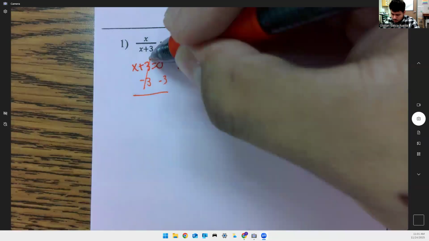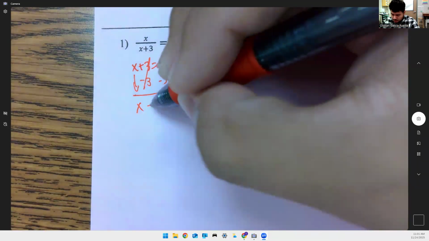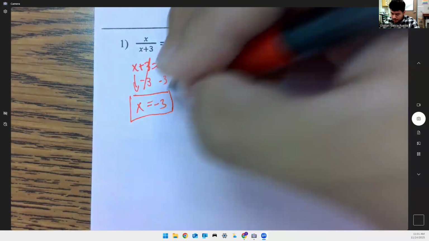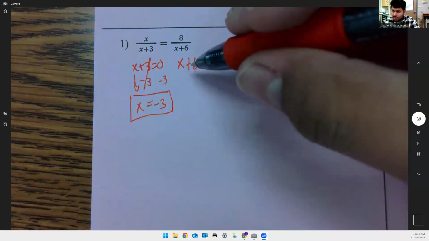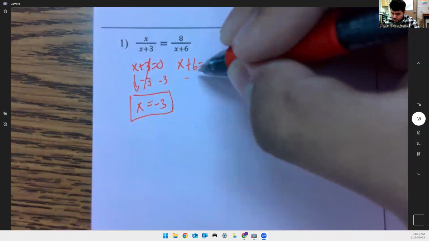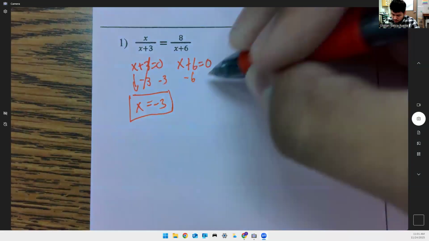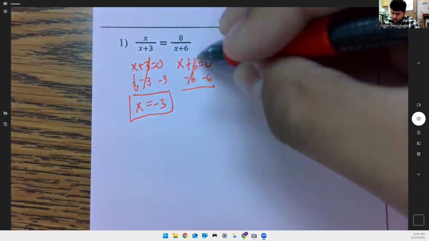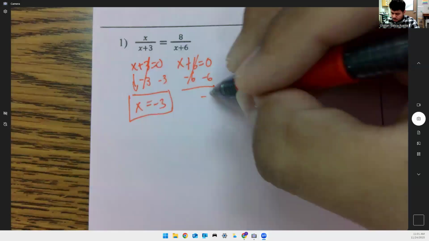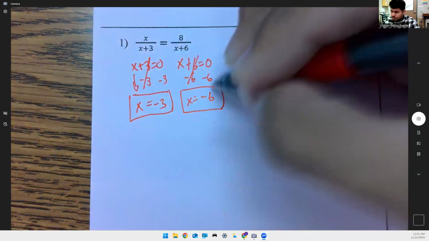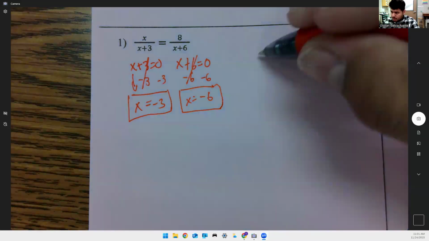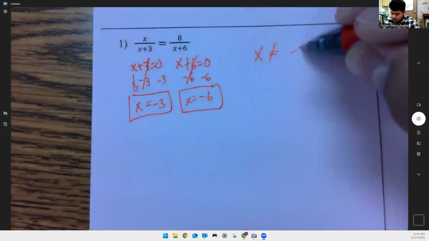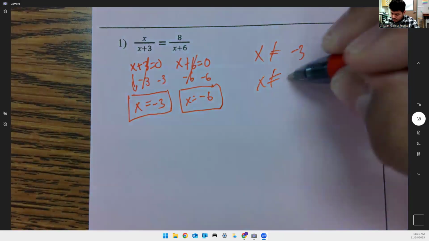So x is going to drop, the 3's are going to cancel, and 0 minus 3 is just negative 3. Same thing over here. How do you get rid of this positive 6? You subtract 6 on both sides. 0 minus 6 is just negative 6. So x cannot be negative 3, and x cannot be negative 6.